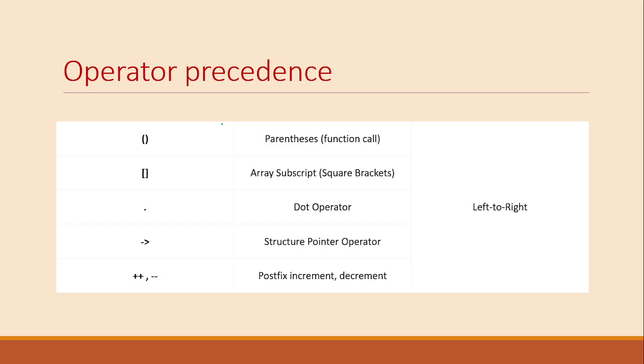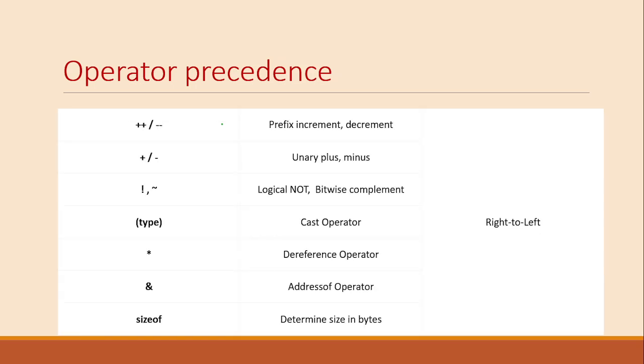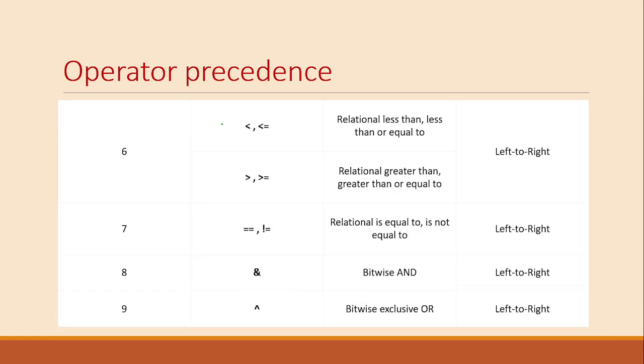Now we have to be very thorough with operator precedence. Operator precedence has a sequence of priority, so the operators have to be executed in an order of priority. Otherwise, if priority is not given, there will be confusion in evaluating a C expression. So we have parenthesis at the highest priority, array subscript, dot operator, structure operator, post increment, pre increment, then followed by star, dereference operator, sizeof operator. All of these have the highest priority.